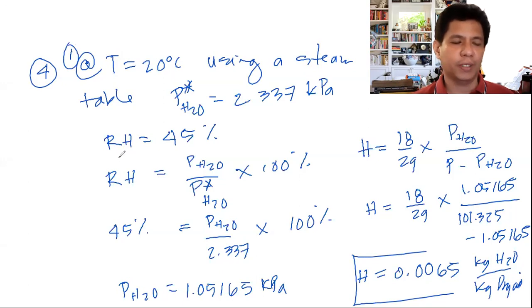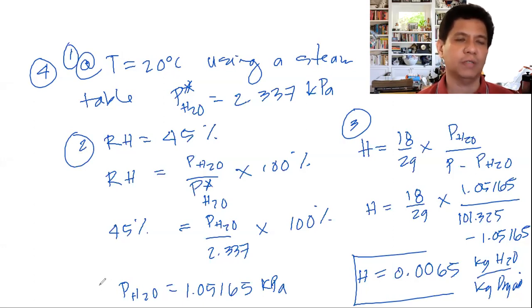Hindi ko alam kung may termo na kayo, may badness, meron din yun. Yung mga libro meron din. Tapos, we calculated pH2O using the definition of relative humidity. So this is the second step. And then finally, use the humidity definition or humidity equation to calculate humidity. So tatlong step, no?